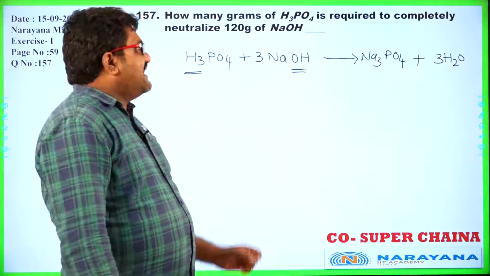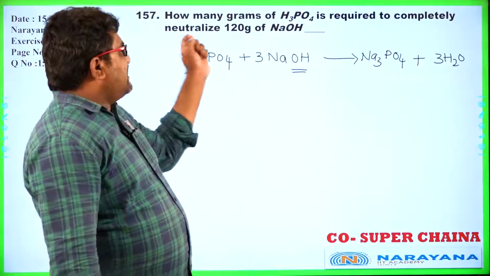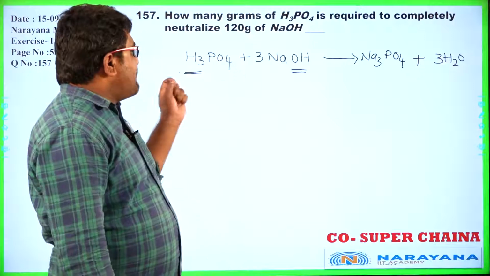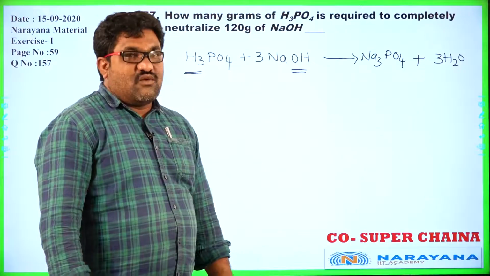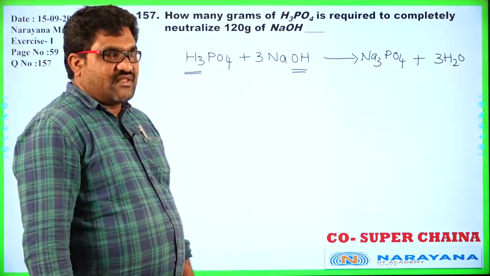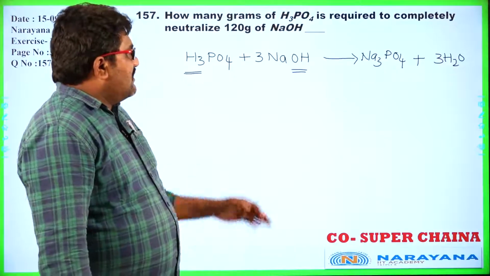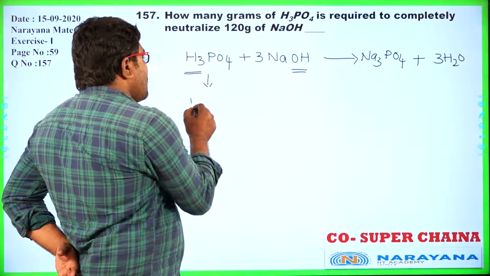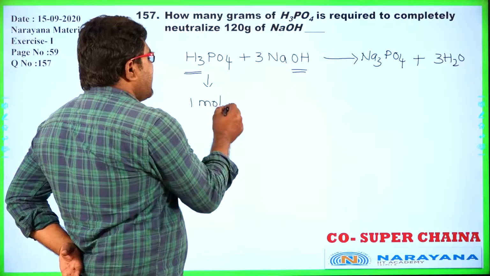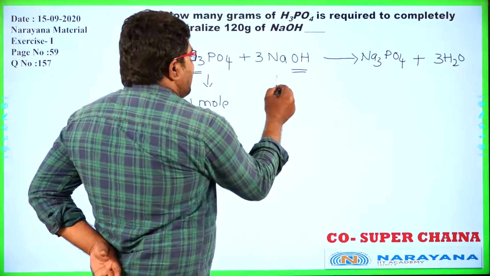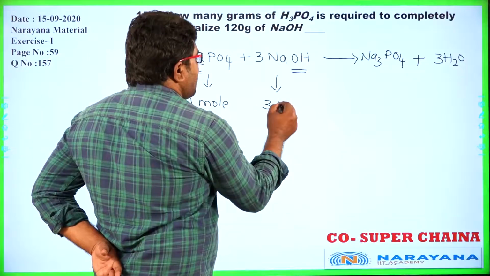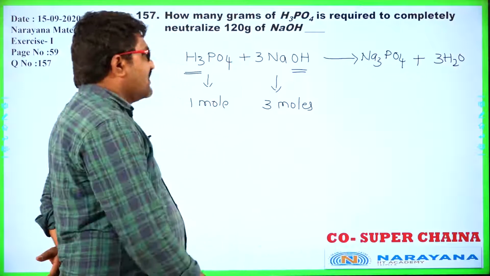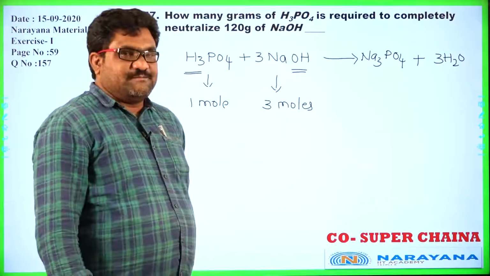Now, what he has asked: how many grams of H3PO4 is required to completely neutralize 120 grams of NaOH? According to the equation, 1 mole of H3PO4 reacts with 3 moles of NaOH.